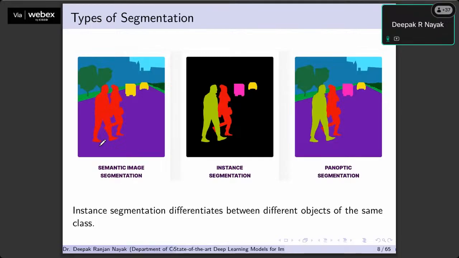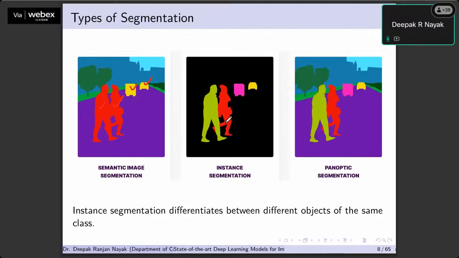In semantic segmentation, you are assigning a semantic category to each pixel present in the image, and if they belong to the same category, like the person category, you are not differentiating; you assign the same semantic category to all the persons. For vehicles it is the same.